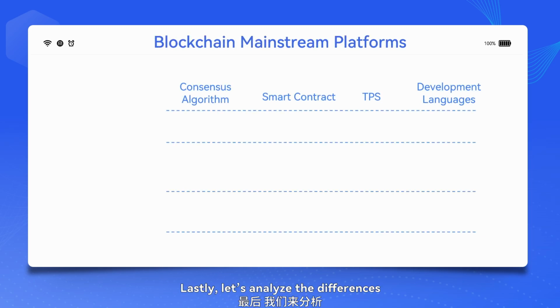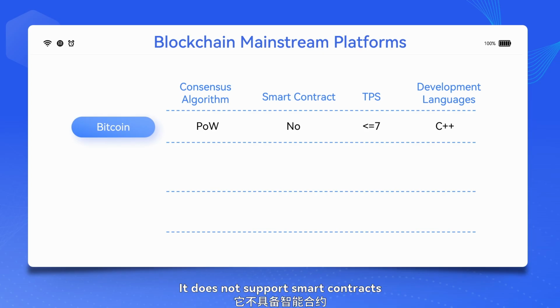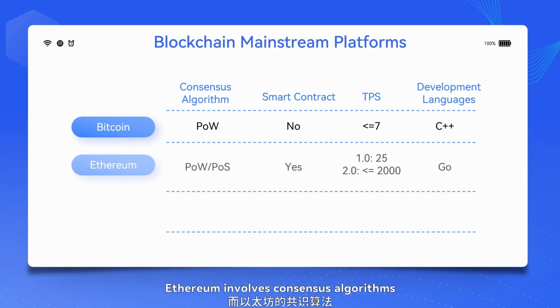Lastly, let's analyze the differences among these three mainstream platforms. Bitcoin mainly uses the POW algorithm. It does not support smart contracts and primarily uses C++ as its development language. Ethereum involves consensus algorithms like POW and POS.